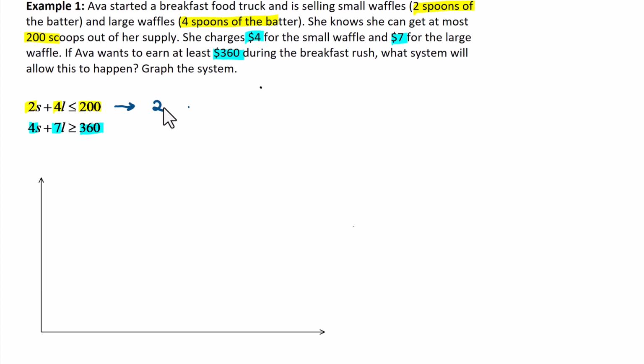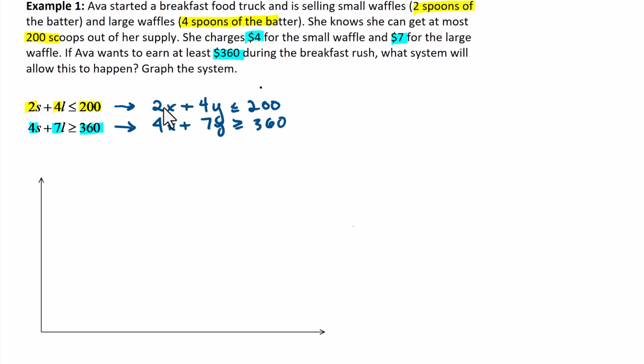So we would have 2x plus 4y is less than or equal to 200, and also 4x plus 7y is greater than or equal to 360. Notice that I'm using x as my smaller and y as my larger just because x comes before y. Try and find some way of keeping track of your variables and what they stand for.